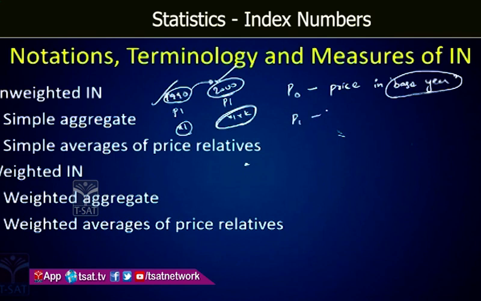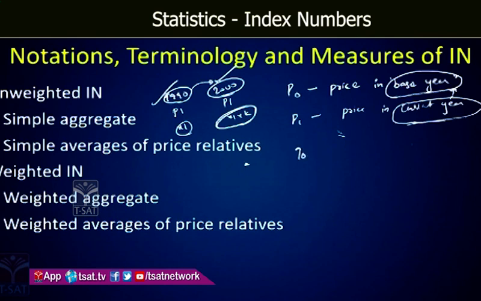Now P1 is nothing but the price in current year. The current year is the one with the present values. The base year is the one with which we are comparing.